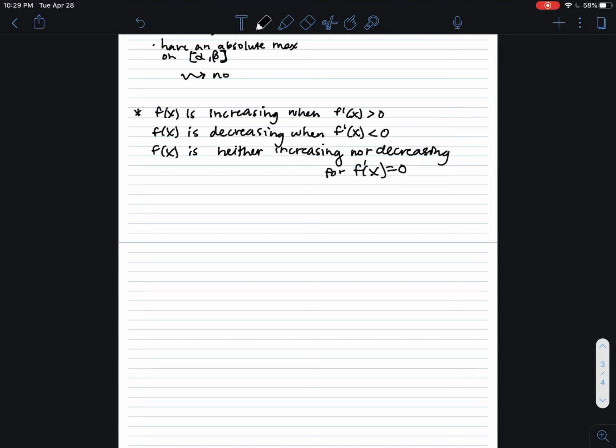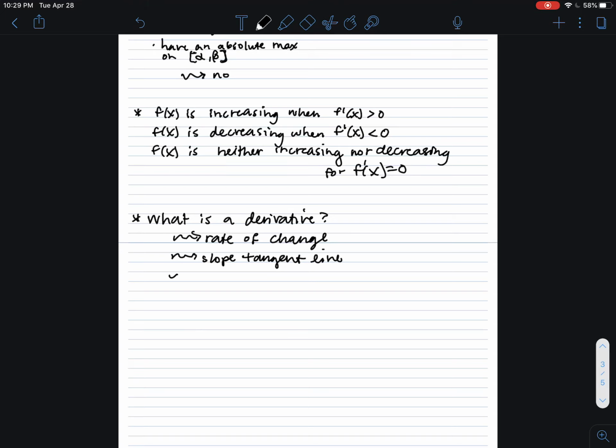And finally, I want you guys to remember just what a derivative itself means. We know that it's a rate of change. And we also know it's the slope of the tangent line.